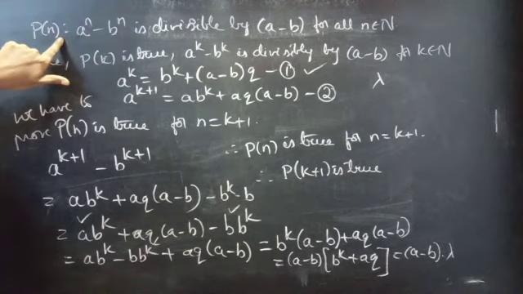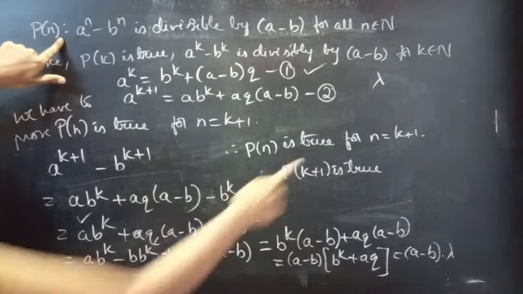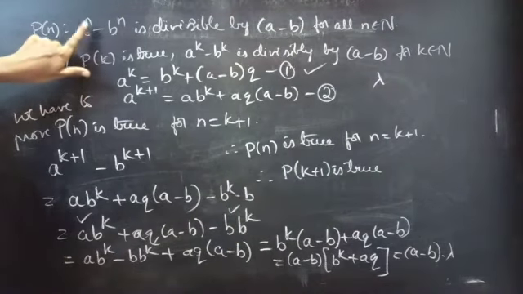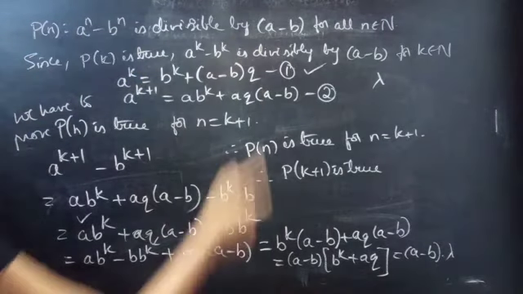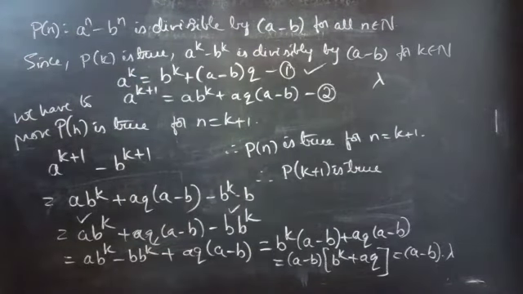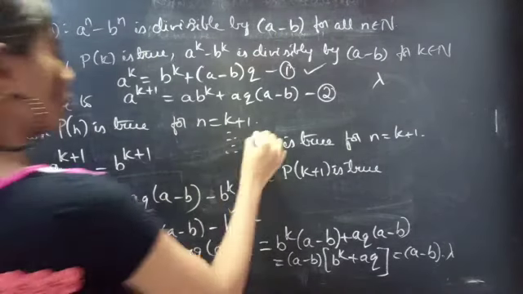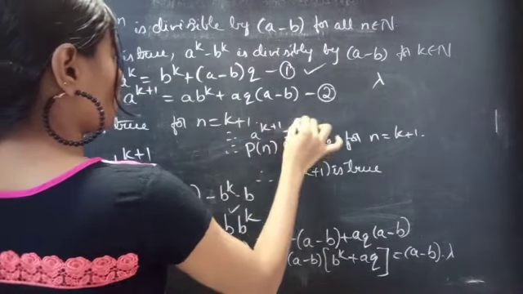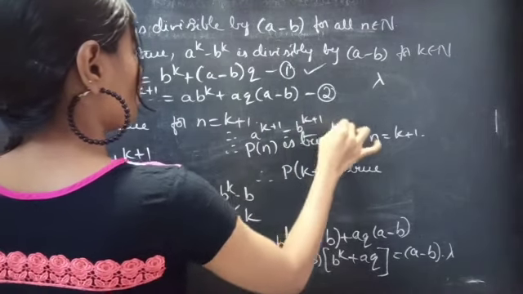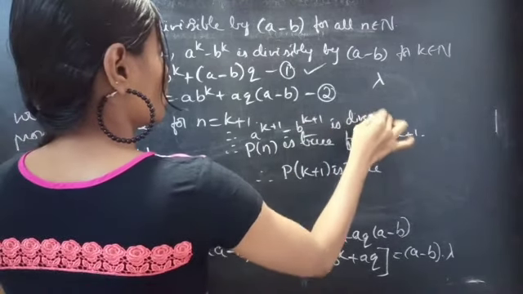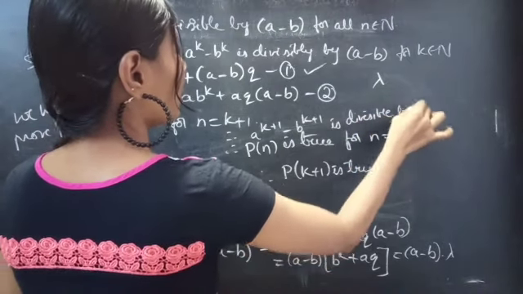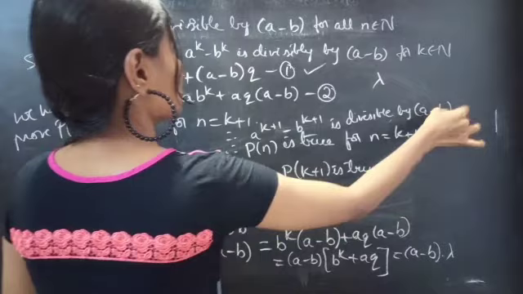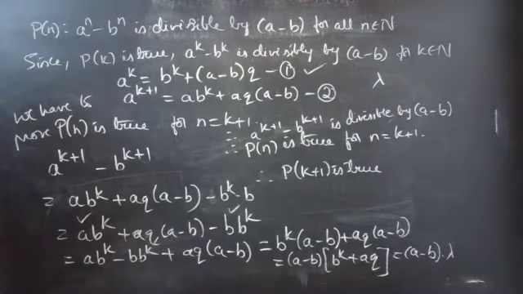P of n is true for n equals k plus 1, that is a power k plus 1 minus b power k plus 1 is divisible by a minus b. We can include one more sentence here: a power k plus 1 minus b power k plus 1 is divisible by a minus b.